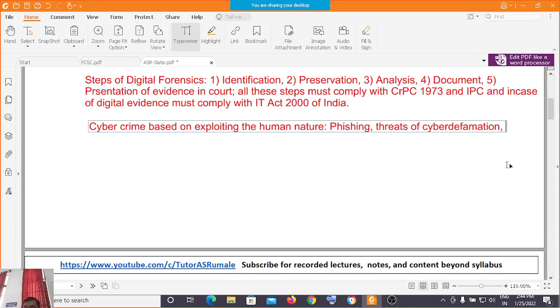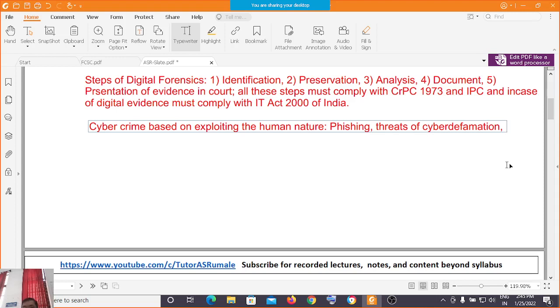In Drishyam, the criminal records that girl and then says that he is going to make it viral if she doesn't satisfy his demands. Now if he is a sexual predator, he asks for sexual favors. If he is a money criminal, such criminals will ask for money. So these are the steps.